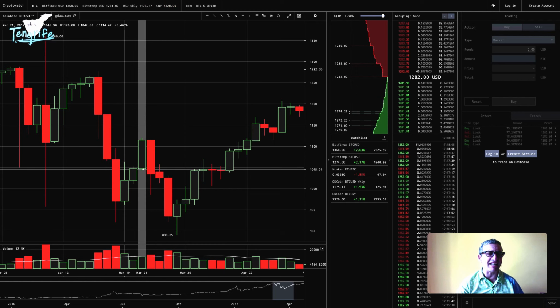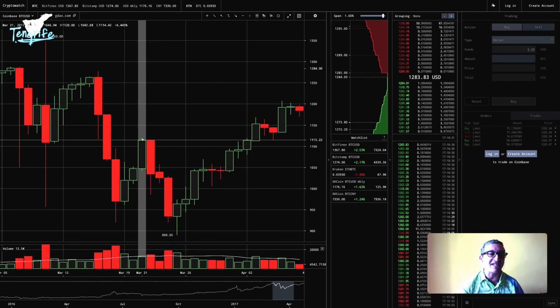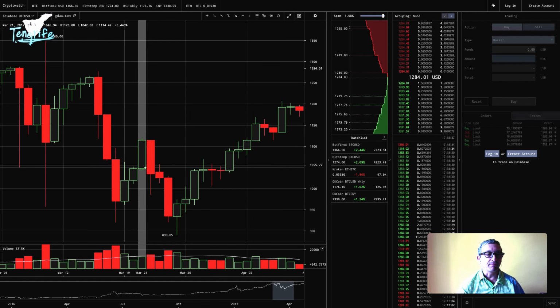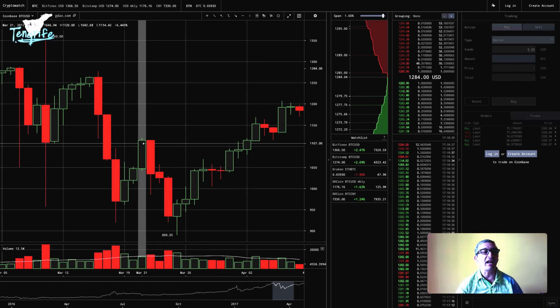Each time there has been more activity demanding to buy Bitcoin, then this candle will be highlighted in green. So that is the lowest point of the day. This is the highest peak of the day. This has been the average of the day, which is why it is highlighted.